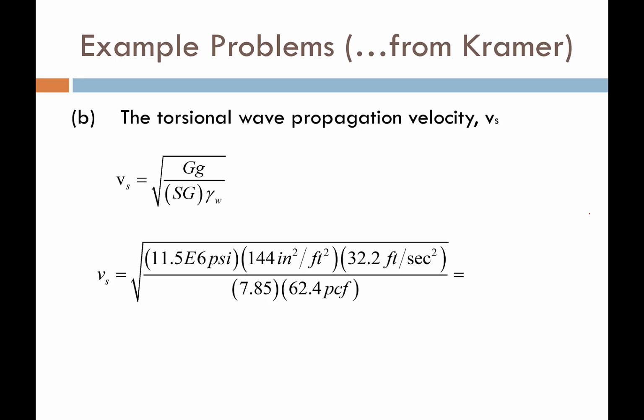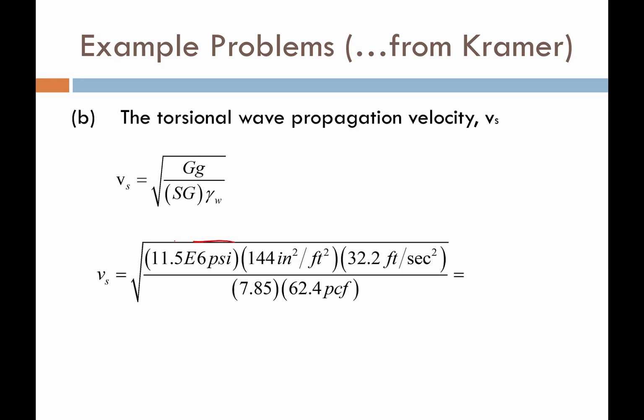Now let's do part B. Same calculation, but this time we're getting the shear wave velocity, the torsional propagation velocity. And so the only difference is we're going to use our shear modulus instead of our constrained modulus. Everything else is going to be the same.